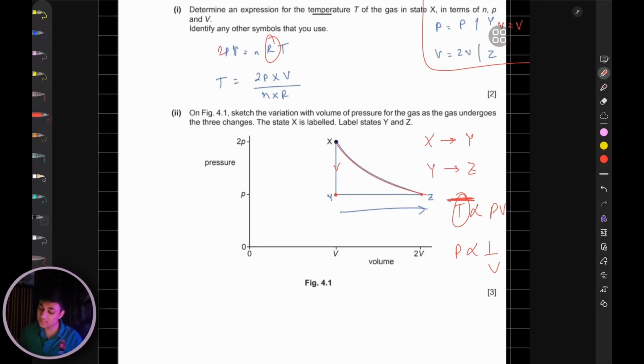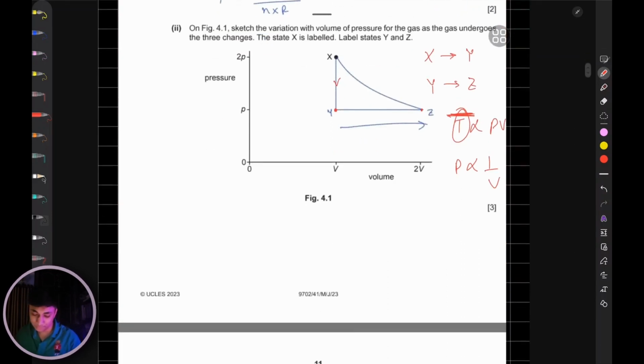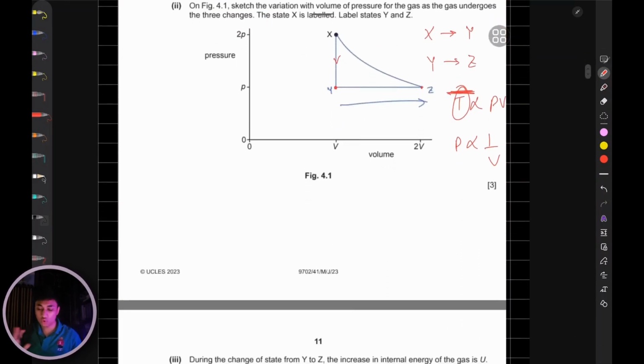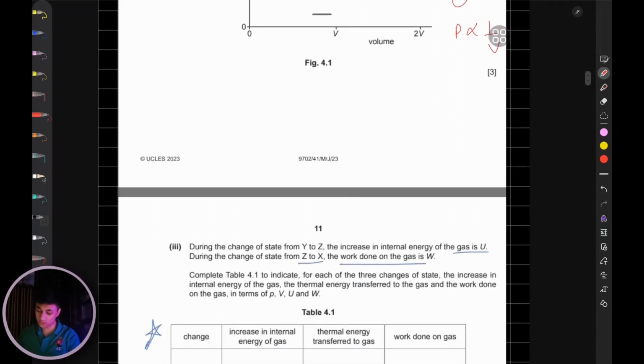So I can say P is proportional to 1 by V. So this is going to be your graph. From Z to X, it is happening at constant temperature, which is why you get this shape of graph. Fair enough.